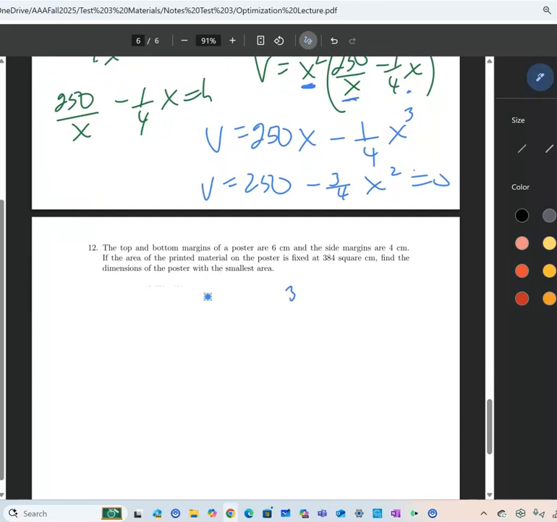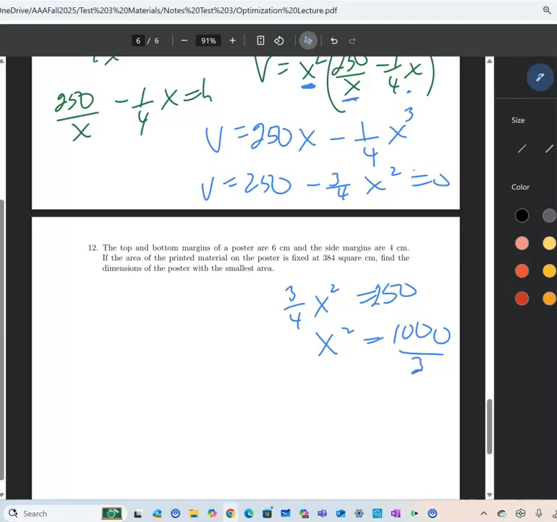Set it equal to 0. 3/4 x squared is 250. X squared multiplied by 4 gives us 1,000. And then divide it by 3.